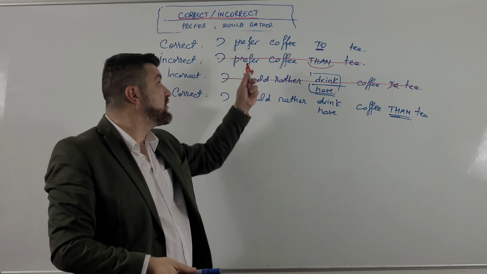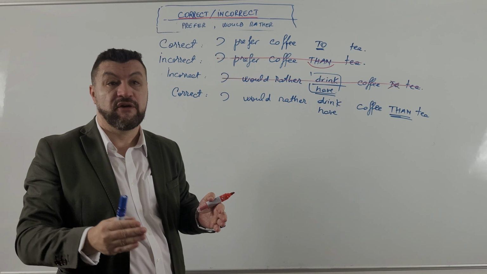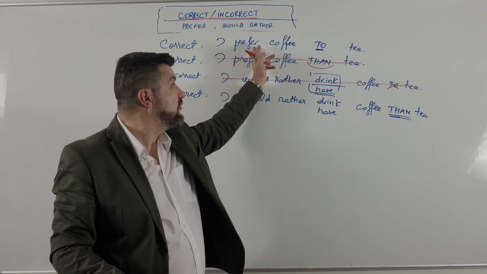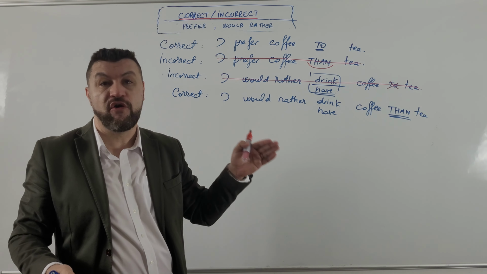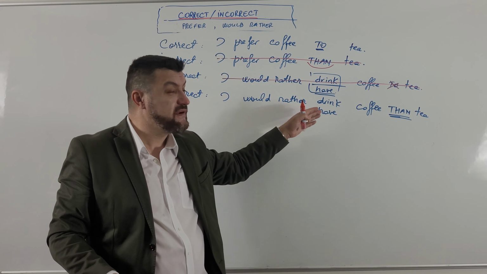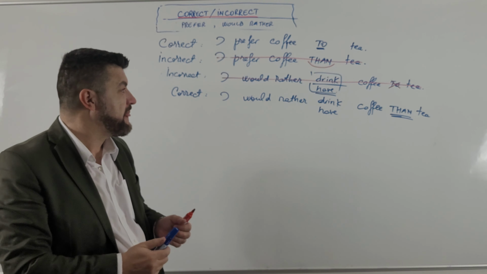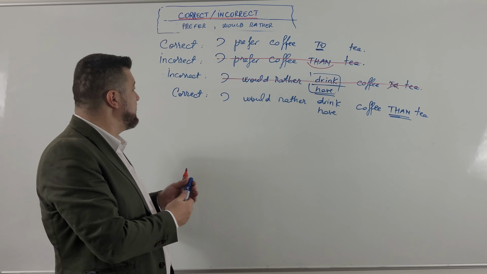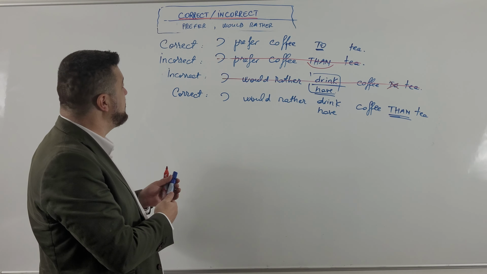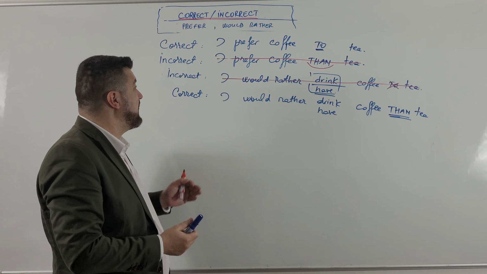Than is not correct when you express preference for one thing or for one person over another one when you use prefer. So I prefer coffee to tea. I would rather have coffee than tea. Okay? Good. So let's continue.